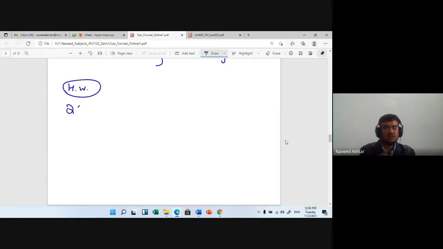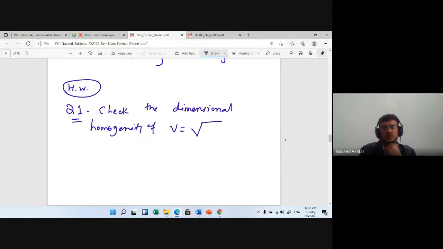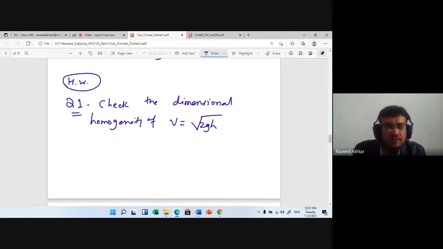Question number 1.3: check the dimensional homogeneity of V is equal to the square root of... V is equal to 1. This you have to find out at your home, not now.